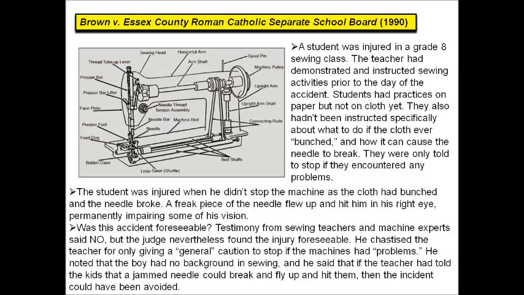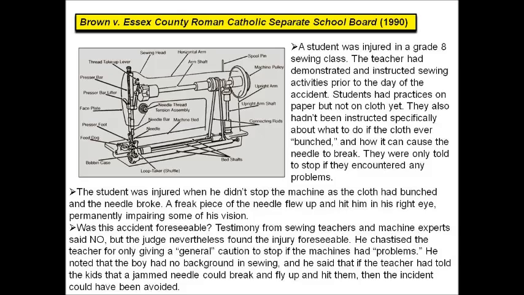They also hadn't been instructed specifically about what to do if cloth ever bunched in the mechanism down below where the needle is, and how that can cause a needle to break. I've never used a sewing machine, but apparently if cloth bunches, it can cause a needle to break. They were only told by the teacher to stop immediately, like if they encountered any problems, if something was funny, just stop the machine.